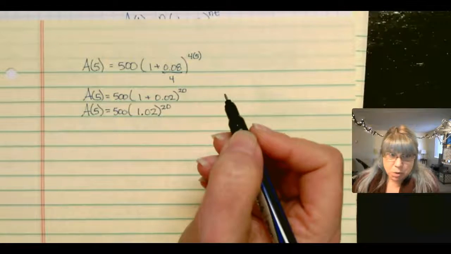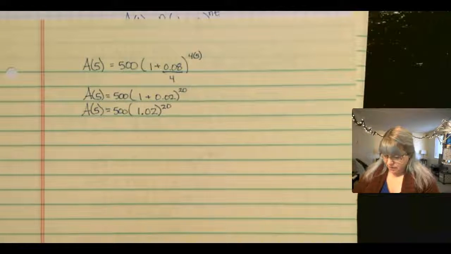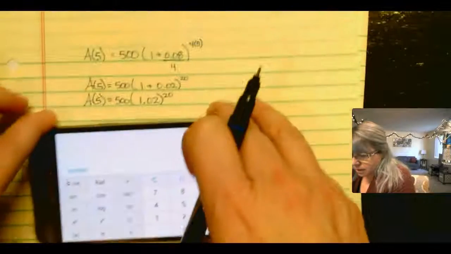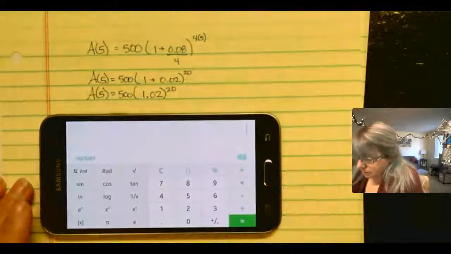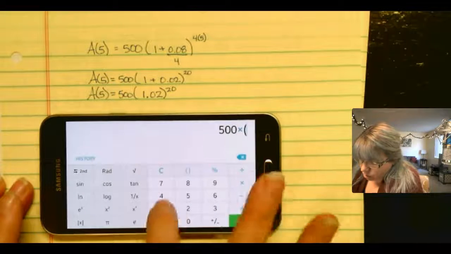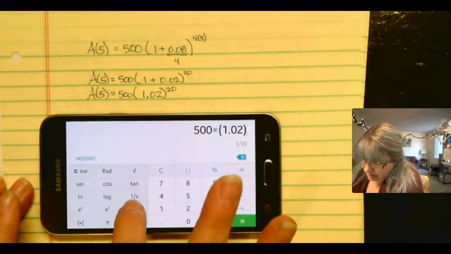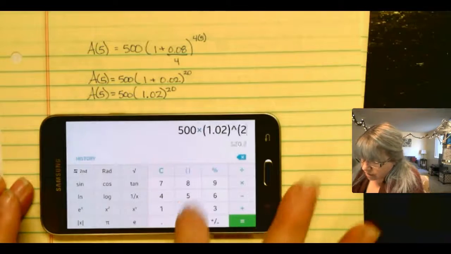This is a calculator problem. Okay, so let me get my fancy-dancy calculator phone here and put it on scientific mode so I can do the power. All right, so I have 500 times 1.02, all raised to the 20th power.